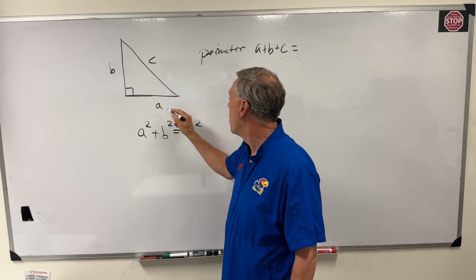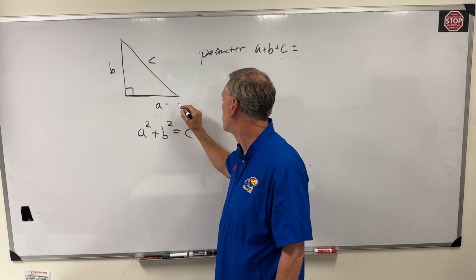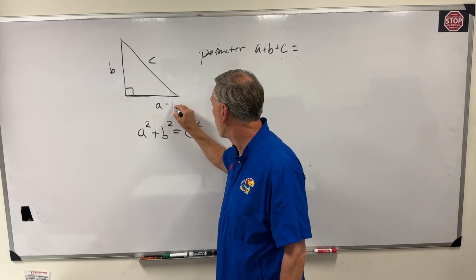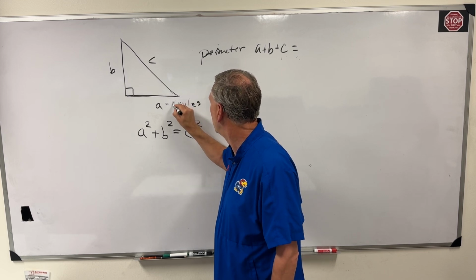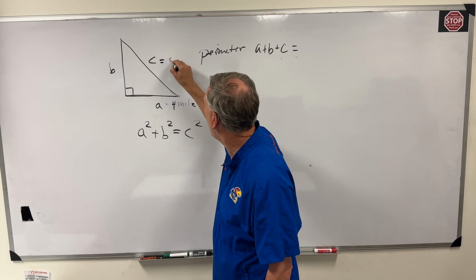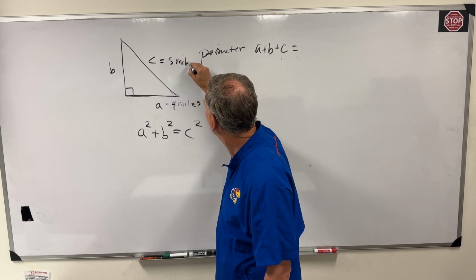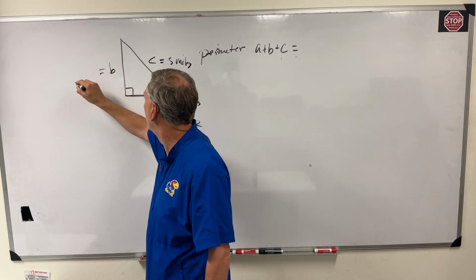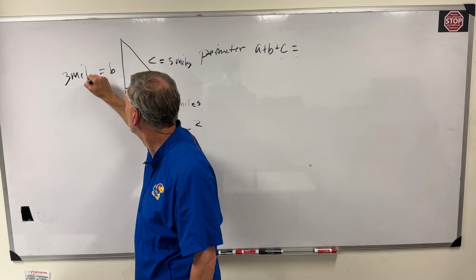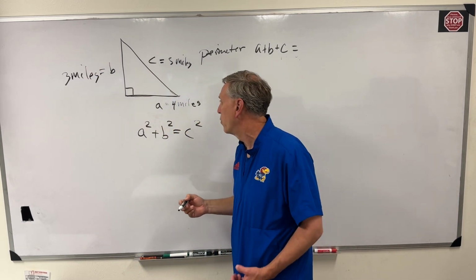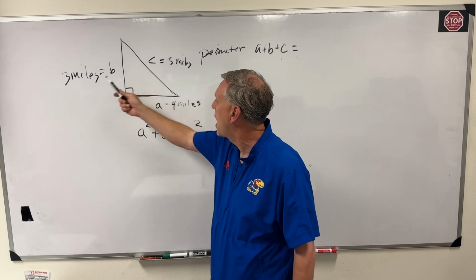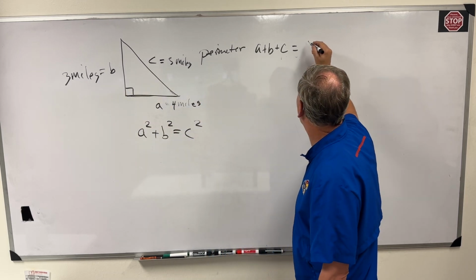If these were miles, and you say, well, this one is 4 miles, and then this one is 5 miles, and then this one here would have to be 3 miles, then the perimeter, or the distance the person ran, would be 4 plus 5 is 9, plus 3, 12 miles.